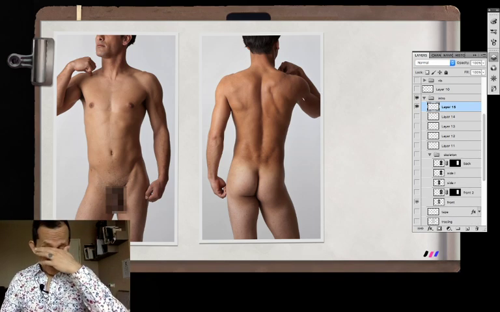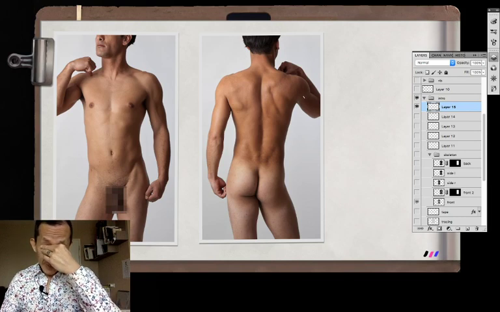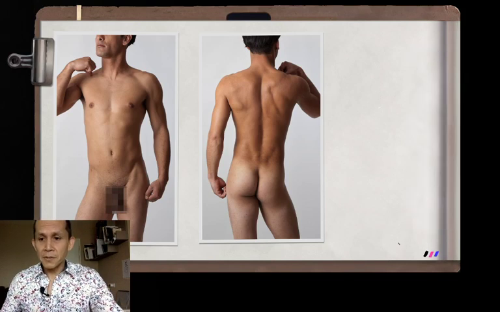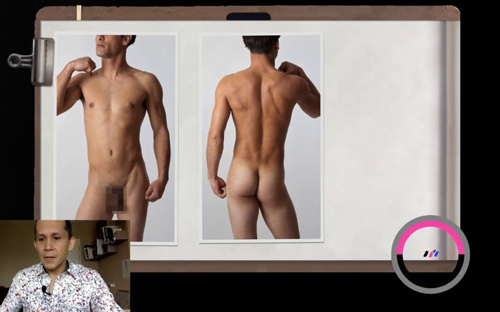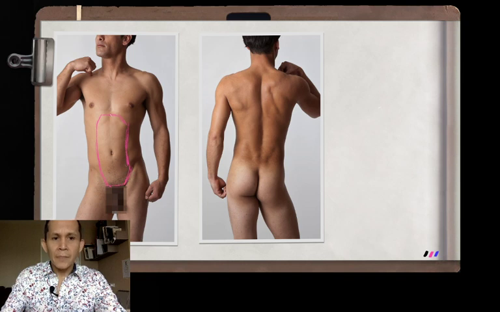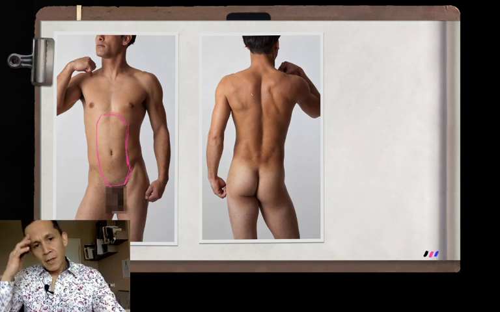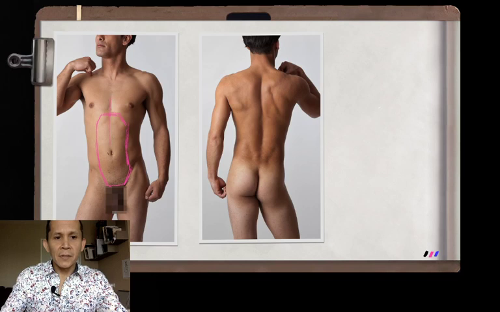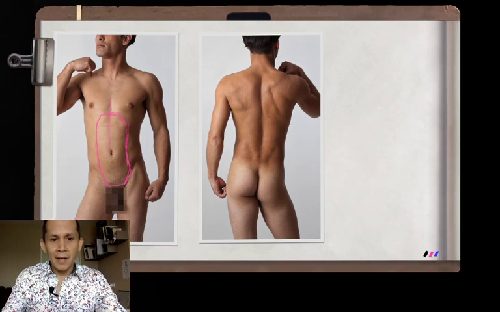But for me, when we're learning to figure draw, the most important muscle that you need to see is what's called the rectus abdominis in the front. If you want to get that six-pack, you want to get abs, that's what that is.